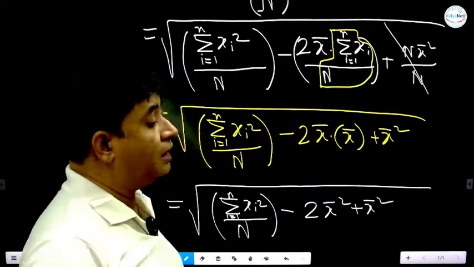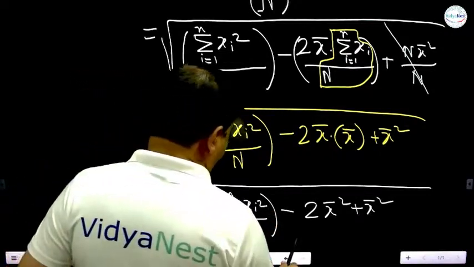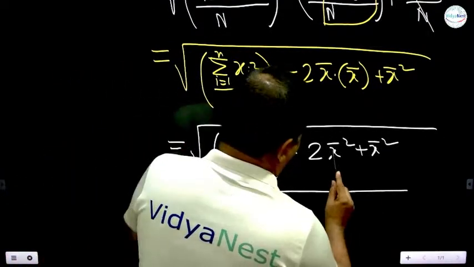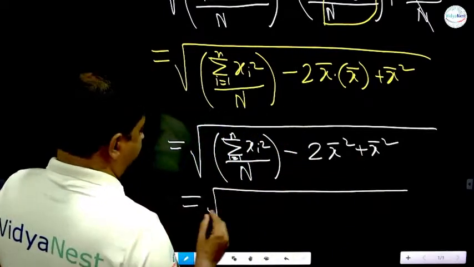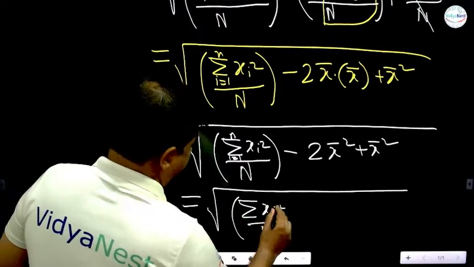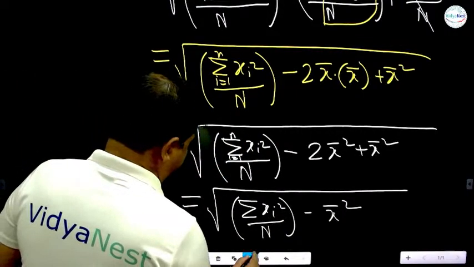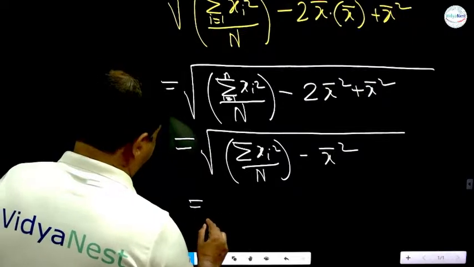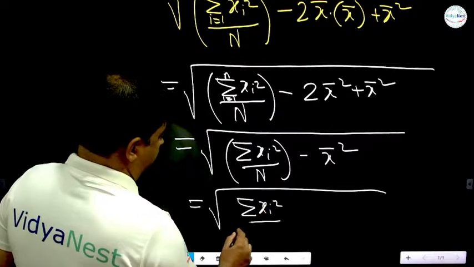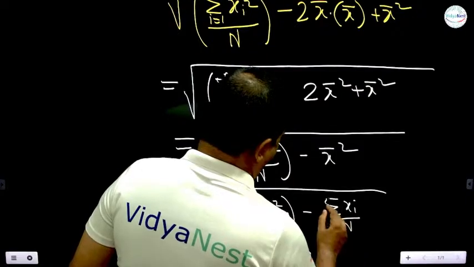Otherwise, randomly learning or mugging the formula will become a bit difficult. So this minus 2 x bar square plus x bar square, what will it give us? x bar square. So that is summation of xi by n whole square.